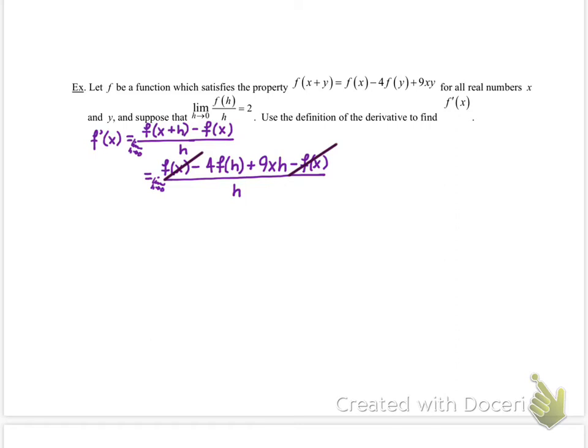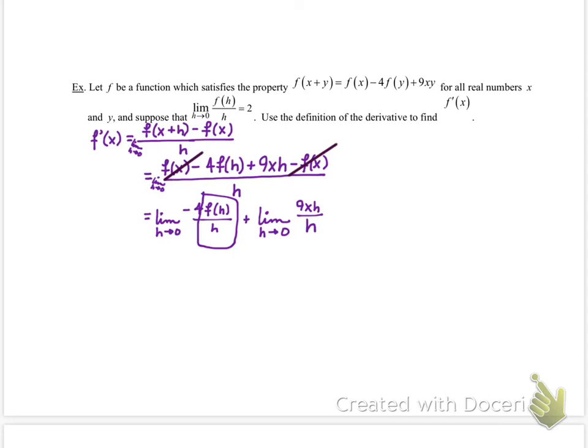Okay, so here we are with this. I separated it into 2 pieces to make it easier to mess with. So this f of h over h right here turns into 2.